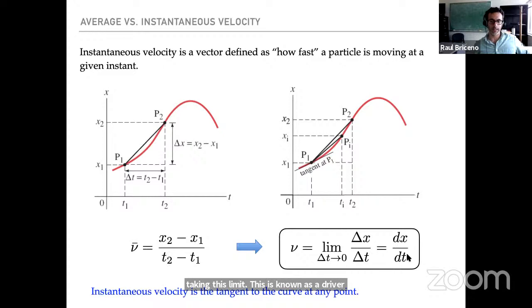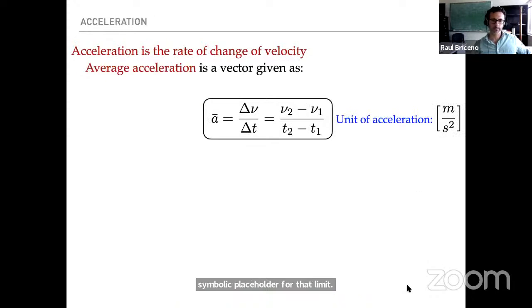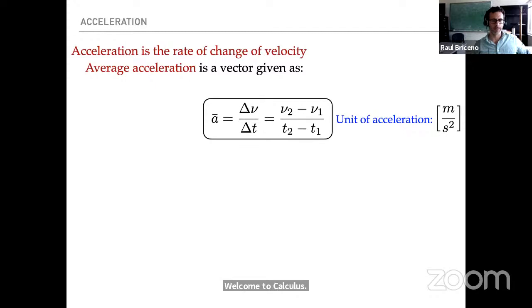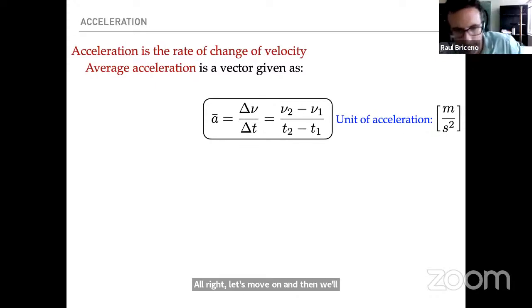The working definition of a derivative is just taking the limit as the displacement of a function divided by the displacement of the independent variable goes to 0. That's essentially all a derivative is. It's just a symbolic placeholder for that limit. All right, very good. So there you go. This is your first calculus concept. Welcome to calculus. All right, let's move on, and then we'll solidify these things even further.